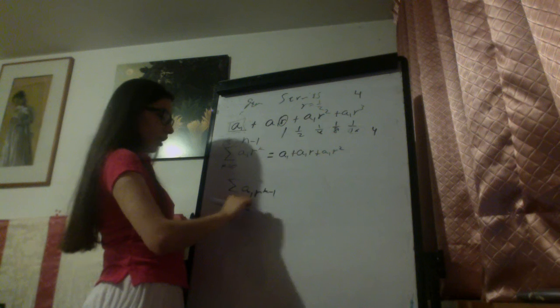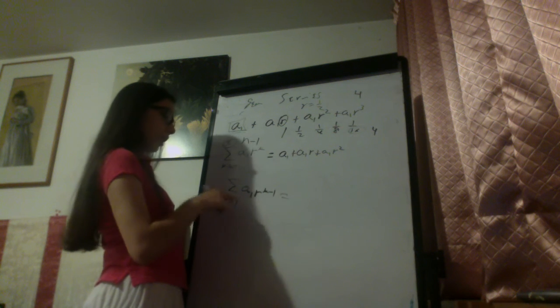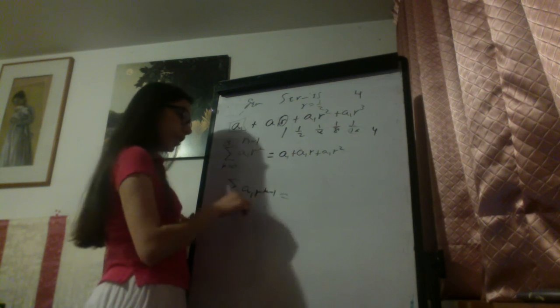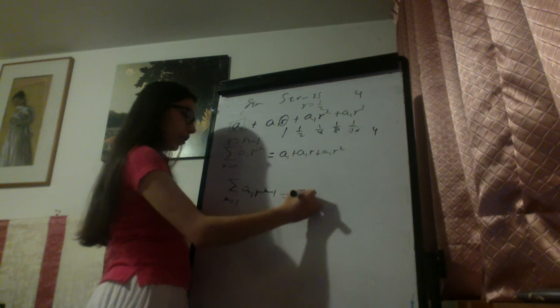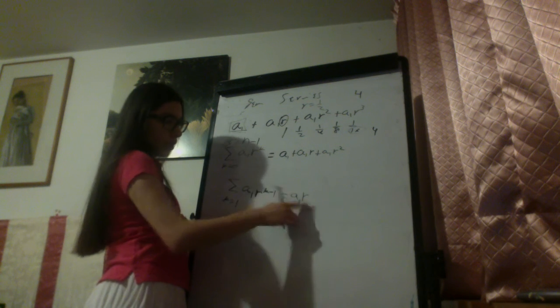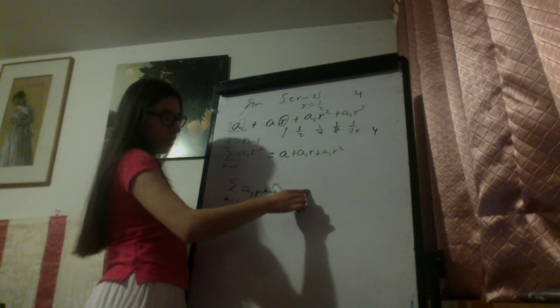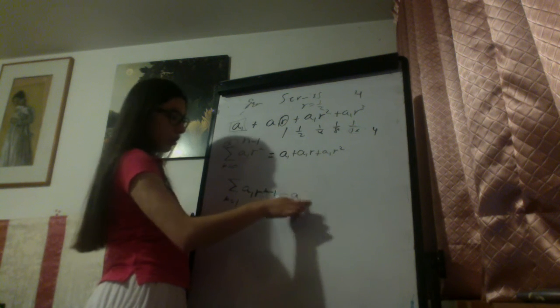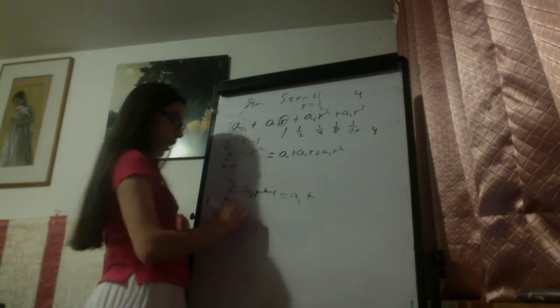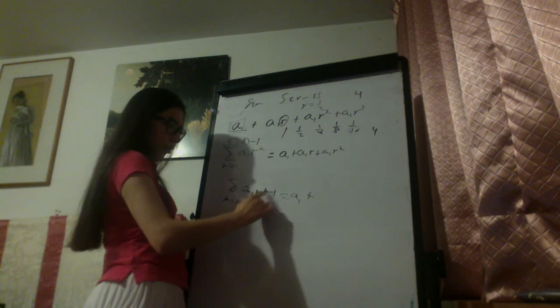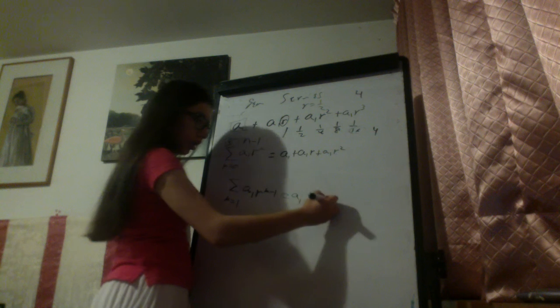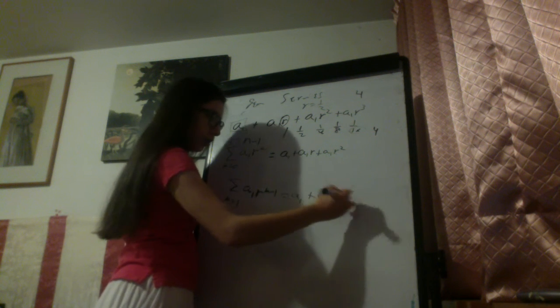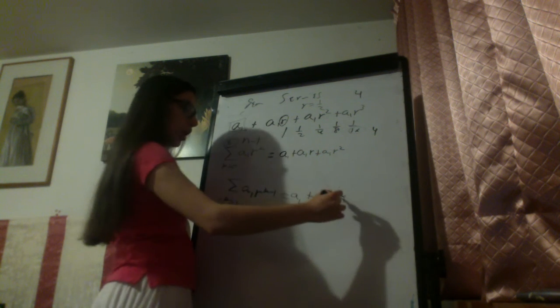If we plug k in here, the first term is a sub 1 r to the 1 minus 1, which is 0, and whatever thing elevated to 0, except 0 to 0, is just 1. The next term is when k is equal to 2, I have r to the 2 minus 1, which is just r, so a sub 1 r squared, etc.